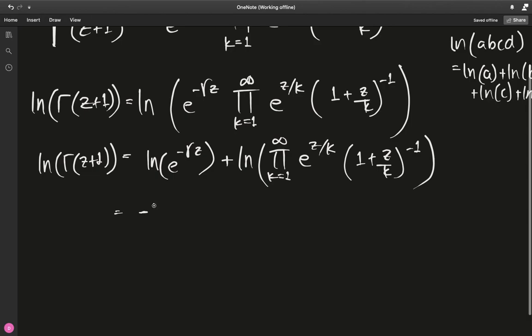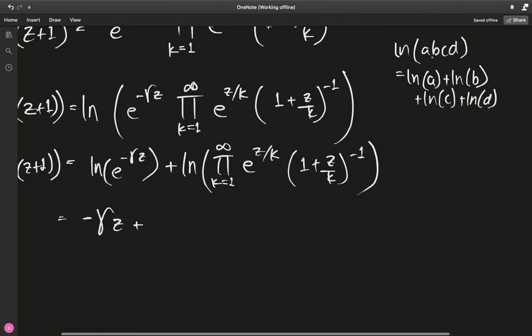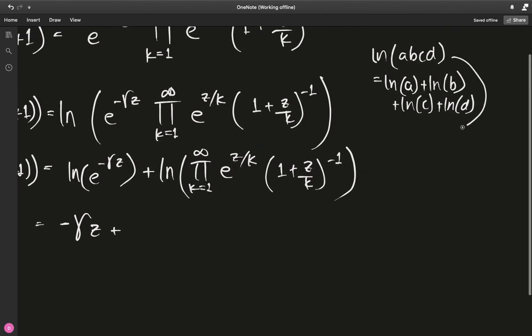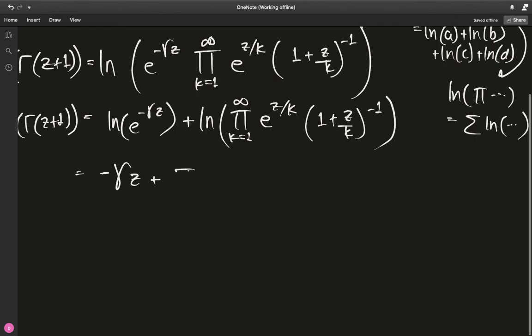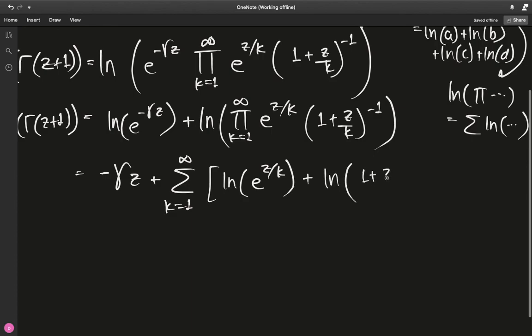So we have minus Euler-Mascheroni times z plus natural log of a product. This property can actually be generalized. If you have natural log of some product, this can be expressed as a sum of natural logs of whatever quantity we had. So this is basically sum from k equals 1 to infinity of natural log of e to the z over k plus natural log of 1 plus z over k to the negative 1 power.